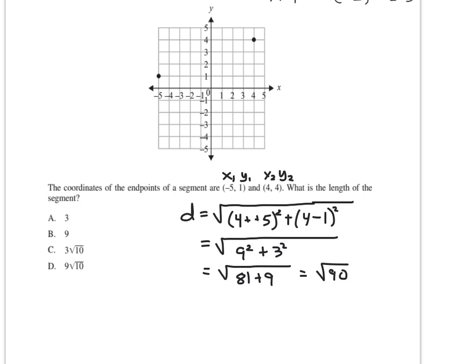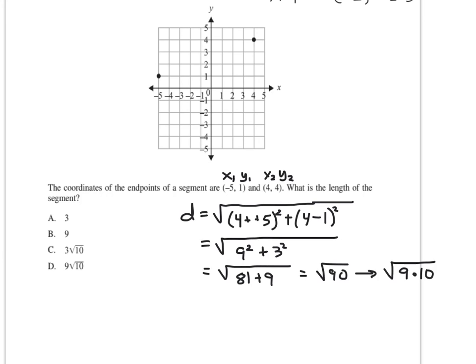Now, you'll notice, though, as your answer over here on the left, you don't have the square root of 90 here. So we're going to have to do some simplifying here, breaking this square root down. So when we break this square root down, we're looking for the biggest perfect square that will go into 90, which happens to be 9, and 9 times 10 becomes 90.